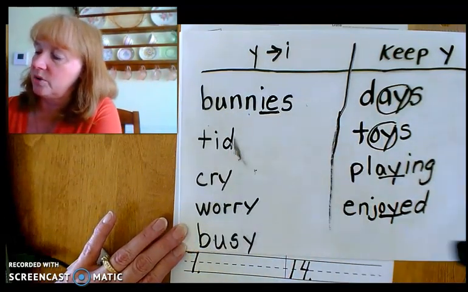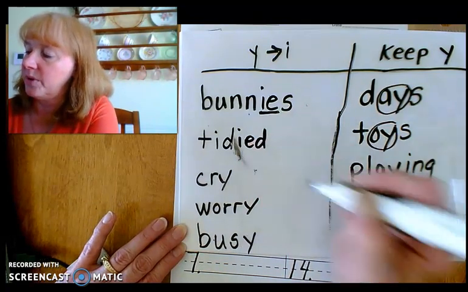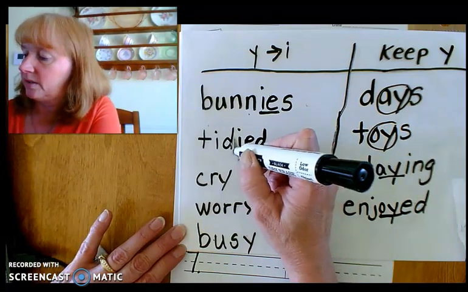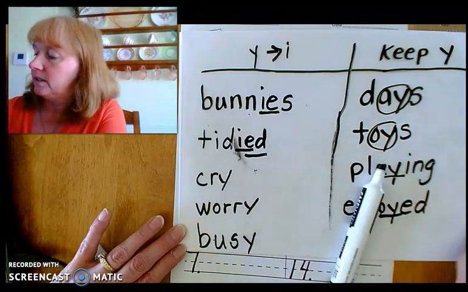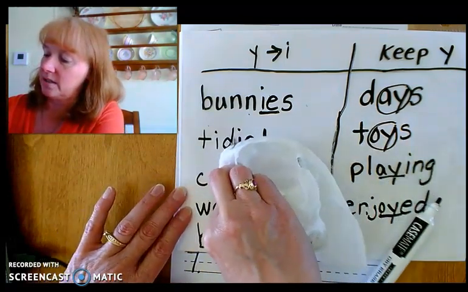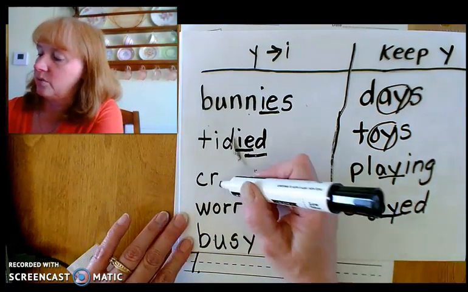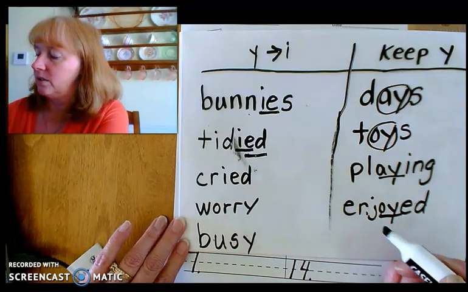Change the Y to I, and then you can add the ED. He tidied up his room. Kind of have two phonograms, the IE and then the ED. Cry. She cried when she had to leave. Change the Y to I, and then add your ED. Cried.